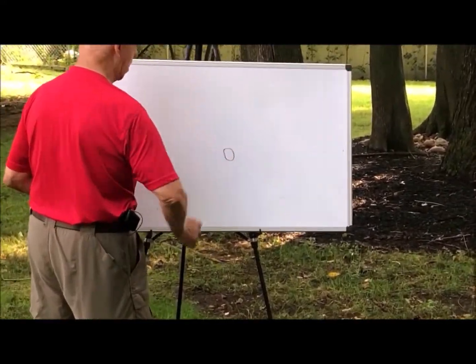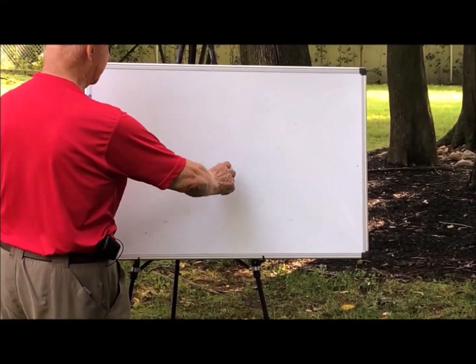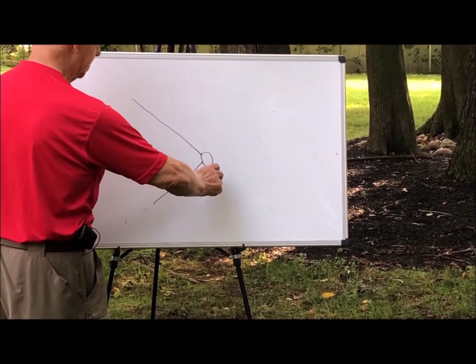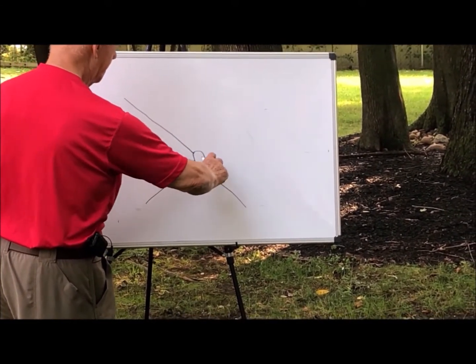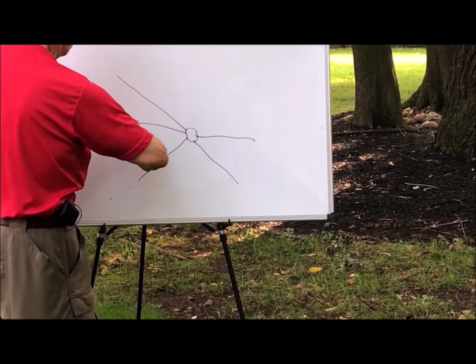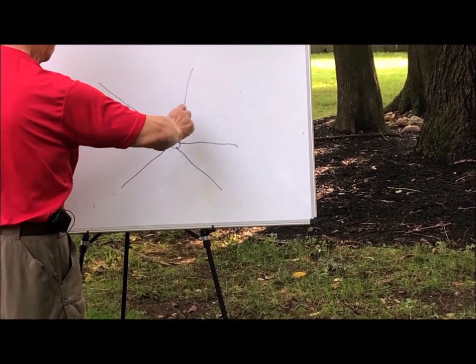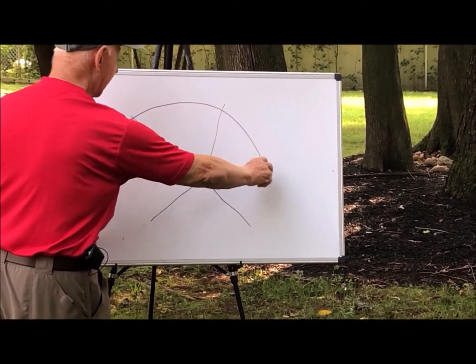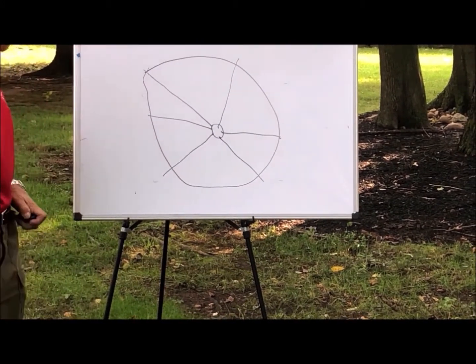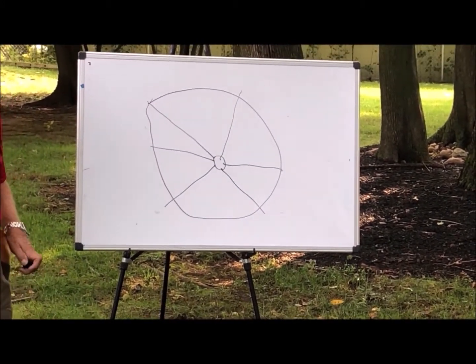A wagon wheel has a hub, and it has spokes that go out from the hub. Eventually, if you put all of these together, it has a circle, and it looks sort of like a wagon wheel.